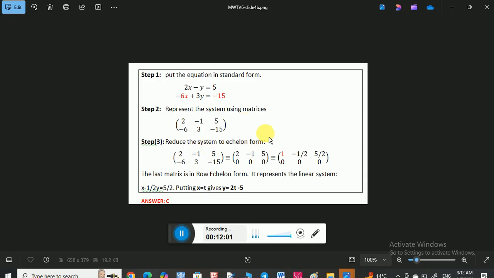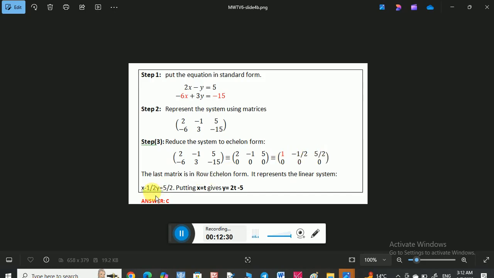And by using elementary row operations, you can convert this matrix to the last one: 1, negative 1 over 2, 5 over 2, and 0, 0, 0. An equivalent system for the last matrix is, since 1 corresponds to x, x minus 1 over 2 y is equal to 5 over 2.